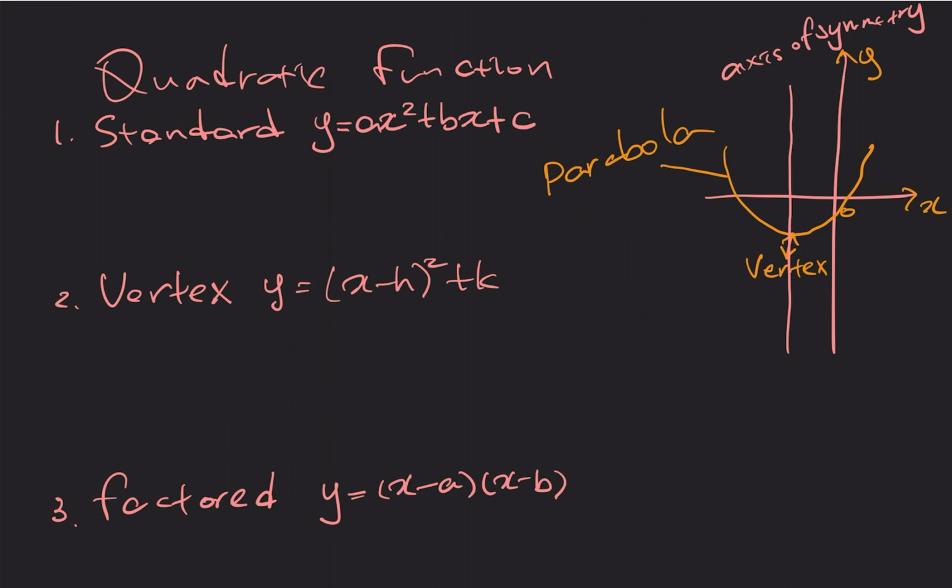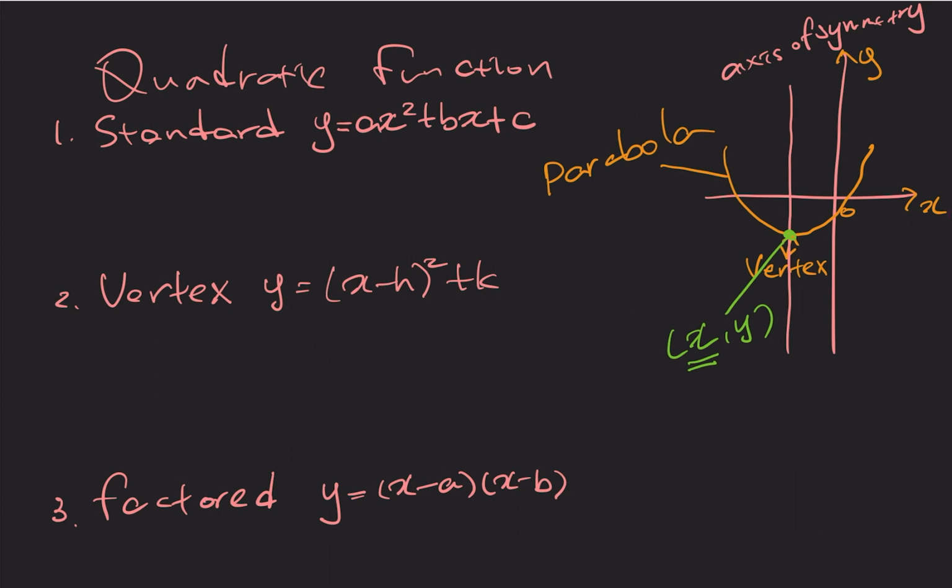So we're going to use the axis of symmetry to find the vertex. The vertex should be x comma y. Then x is the axis of symmetry, and if you substitute that x, then you will get y.